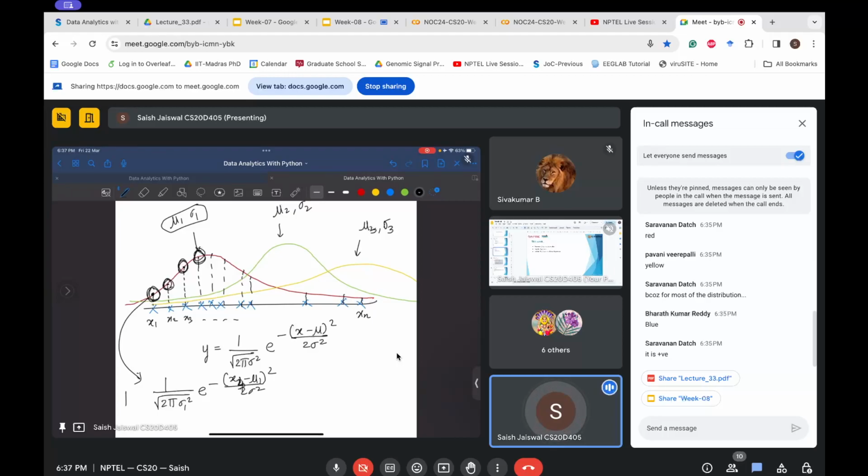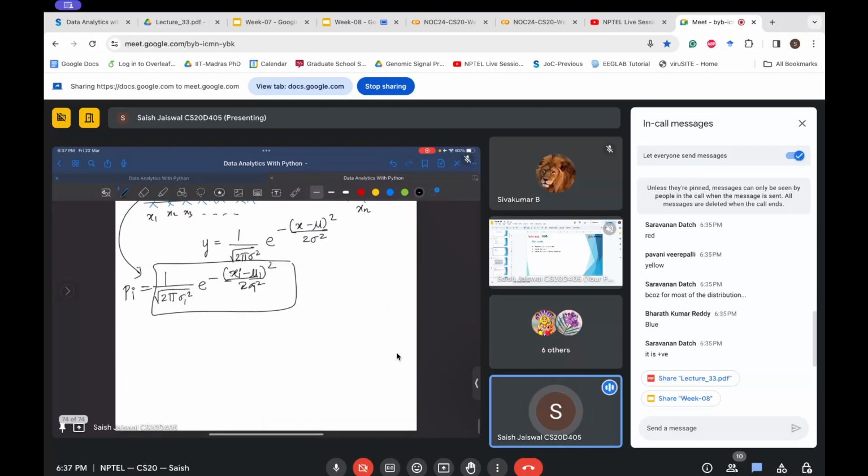Let us denote it by pi for the ith point, xi minus mu1 upon 2 sigma 1 square. Okay. So I want to find a distribution that maximizes the likelihood. This particular expression over here is called likelihood, that is the probability of xi given the parameters of the distribution.